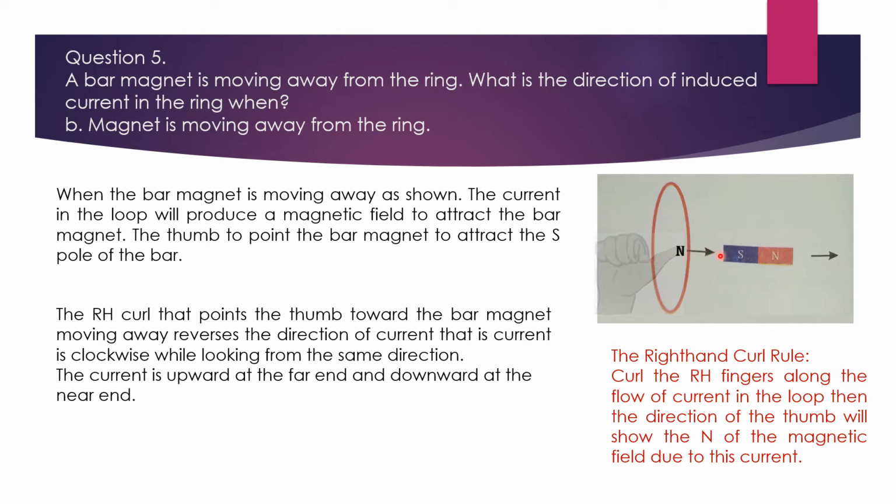This points the thumb, the north of the induced magnetic field, in this direction. And looking from the same direction, the current is clockwise. The current is upward at the far end and downward at the near end of the loop.